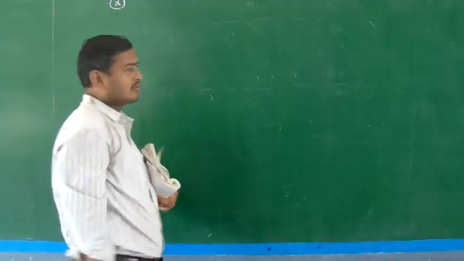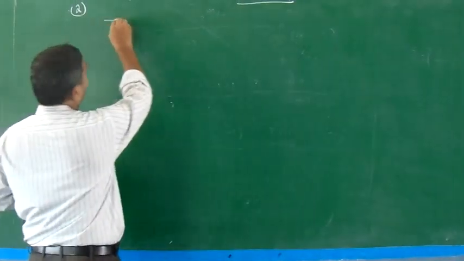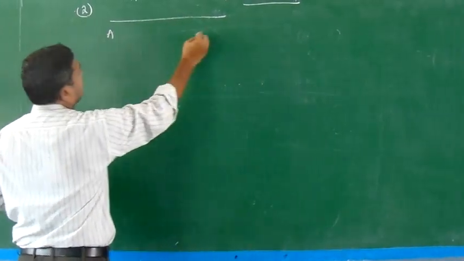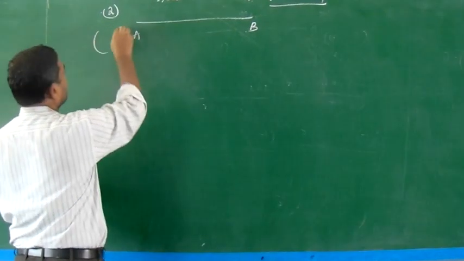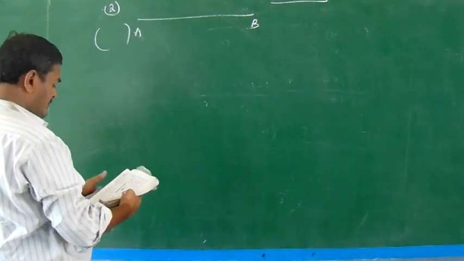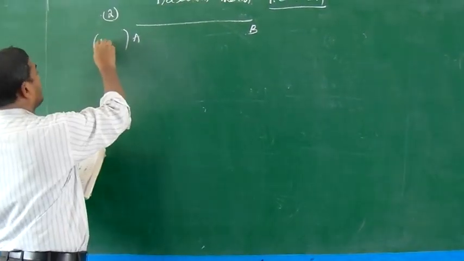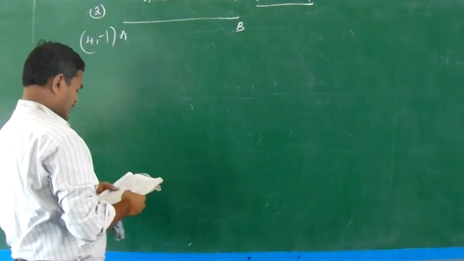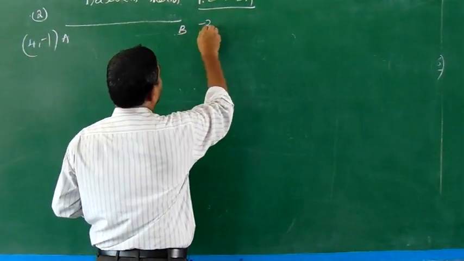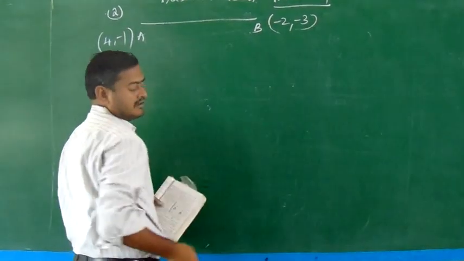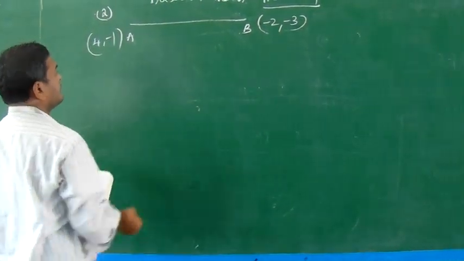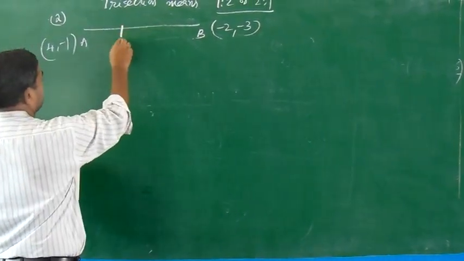Two cases we want to find out. Now this is A, this is B. The A coordinates are (4, -1) and the B coordinates are (-2, -3).